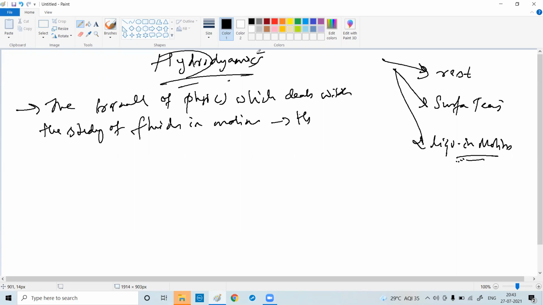Hydro means water, dynamics means something in motion.